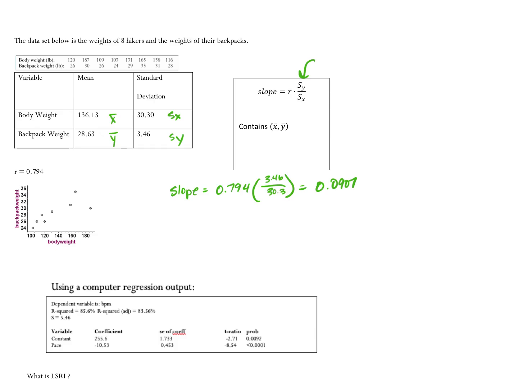To find the y-intercept, you'd basically put x bar and y bar into that y equals ax plus b and fill in everything we know. So y bar would be 28.63 equals, we have our slope of 0.0907 times x bar plus my y-intercept.